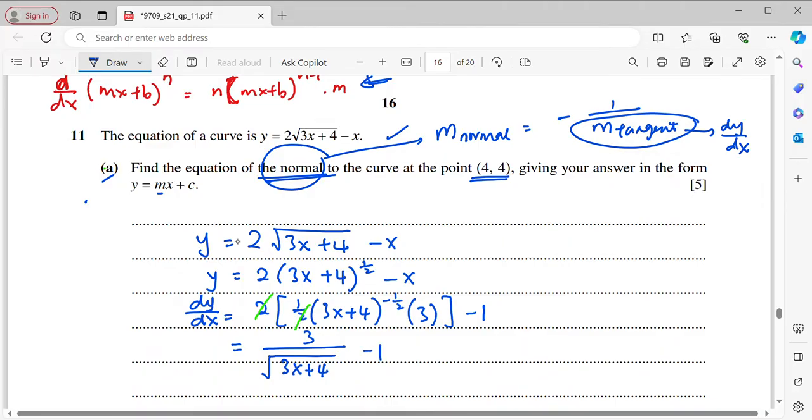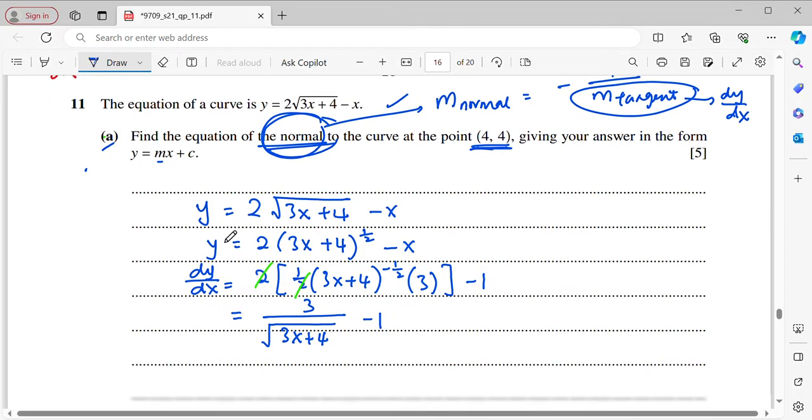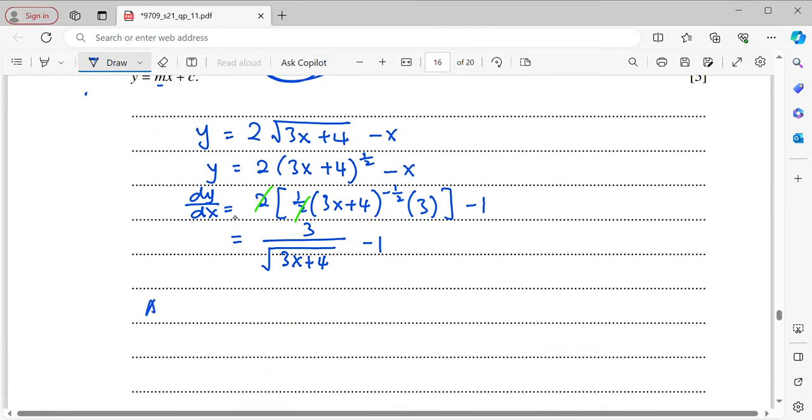So now you need to find the equation of normal at the point (4, 4), which means now I need to find the gradient at this point. So my dy/dx equals 3 over square root of (3 times 4 plus 4) minus 1. This is going to be 3 over, 3 times 4 is 12, 12 plus 4 is 16, so square root 16, minus 1.